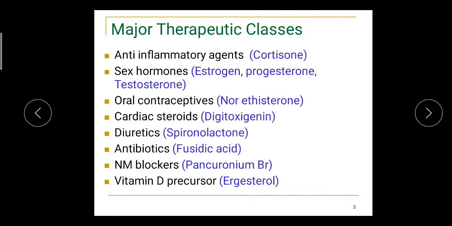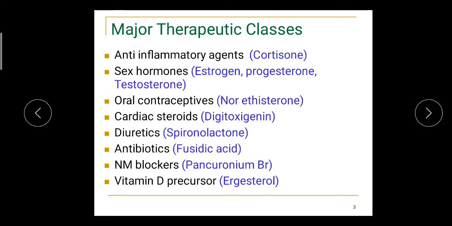Now steroids are widely used as therapeutic agents. There are a number of uses. For example, anti-inflammatory agents like cortisone, then sex hormones: testosterone, estrogen, progesterone. Then oral contraceptives, norethisterone.